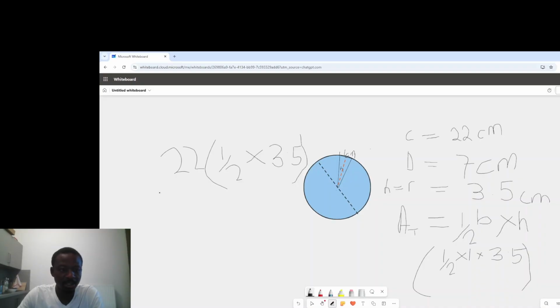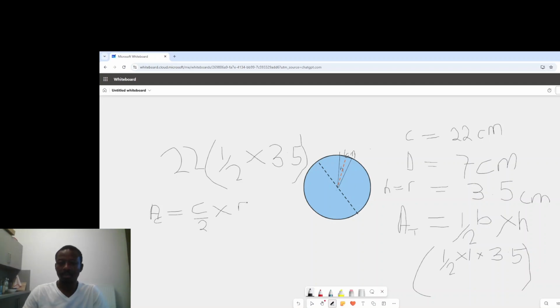So what that is showing is that the area of the circle is equal to C over 2 times R, because R is 3.5.